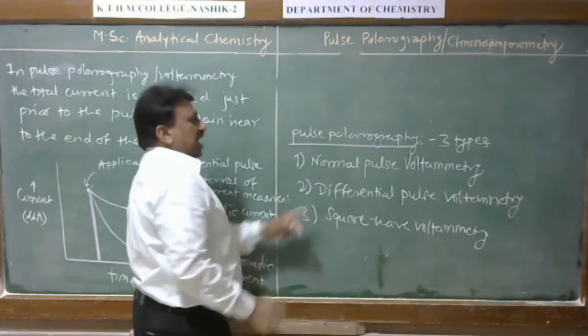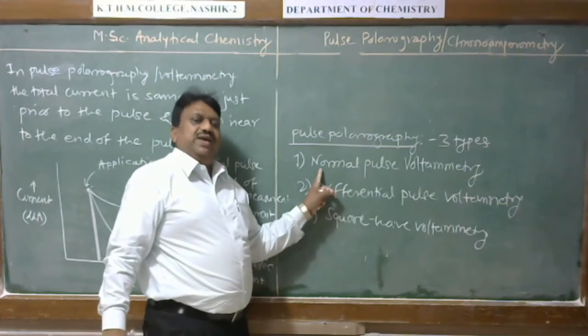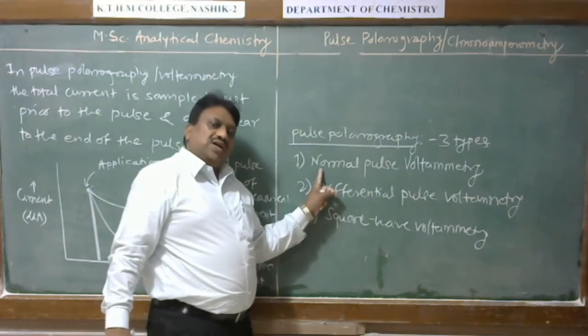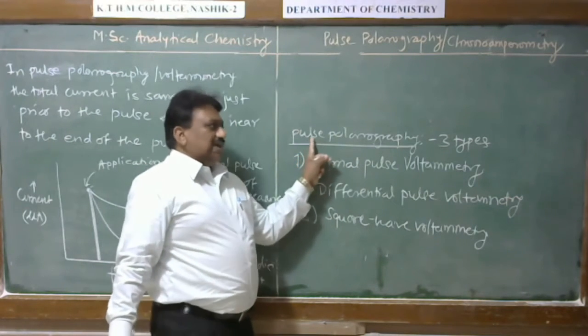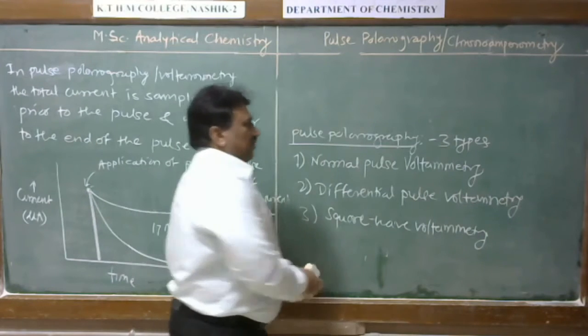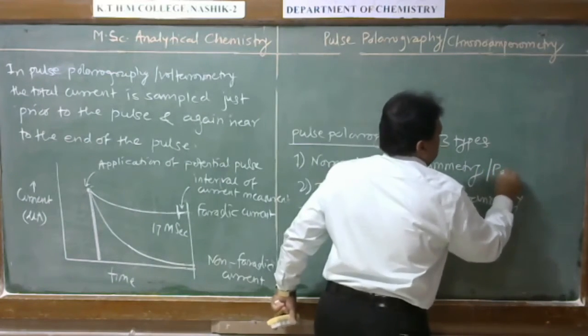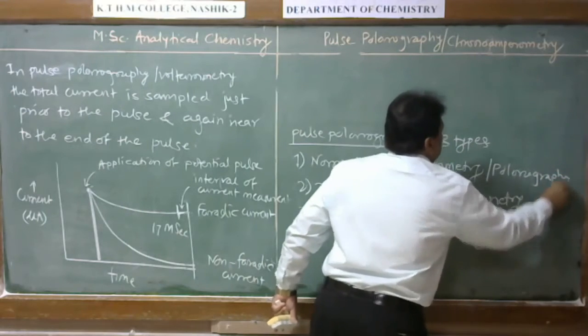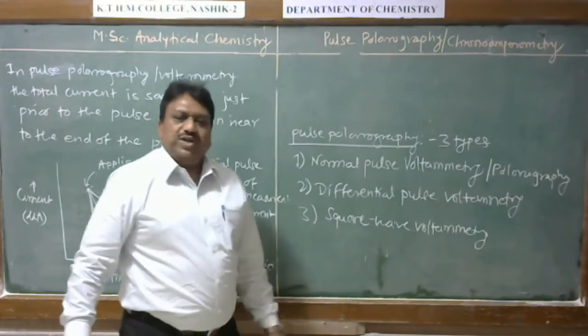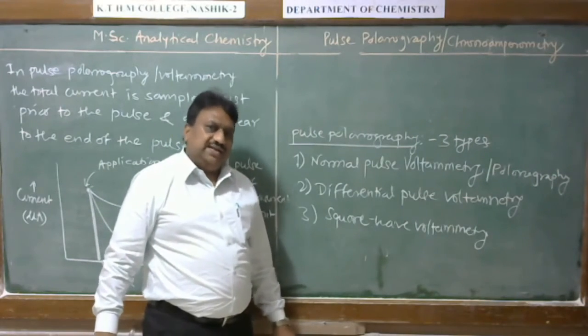All these three are called voltammetric methods when a mechanical knocker is used as a working electrode, and all these are called polarography when DME is used as a working electrode. Therefore, pulse voltammetry and pulse polarography do not differ widely.